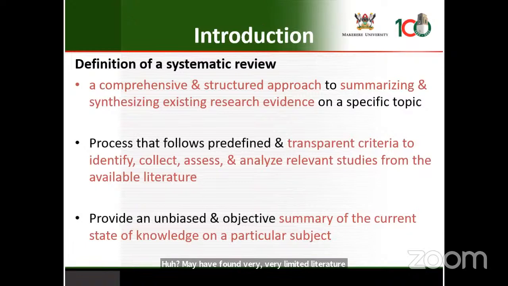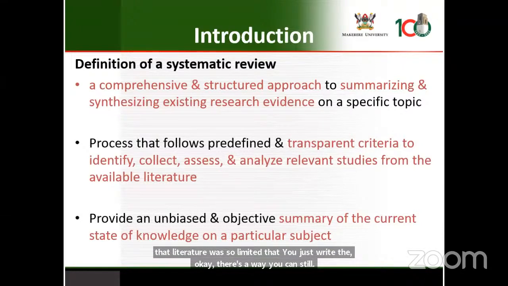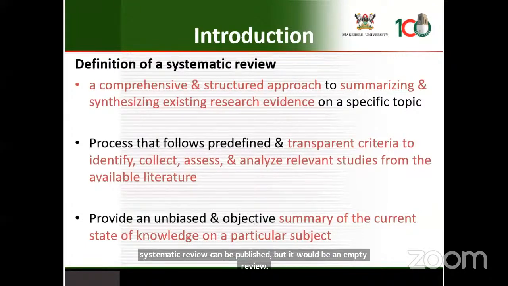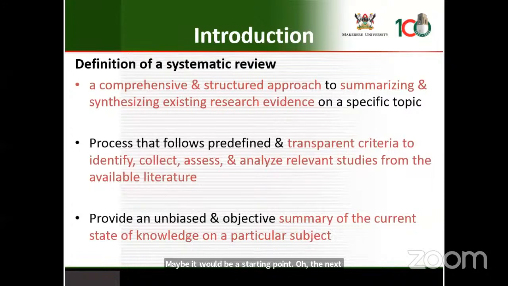So the literature was so limited that you can still combine some literature and write, but the actual literature is not there. So there is always a starting point. So that one, if there is not adequate literature, can still be a systematic review. It can be published, but it would be an empty review. Maybe it would be a starting point of the next systematic review.